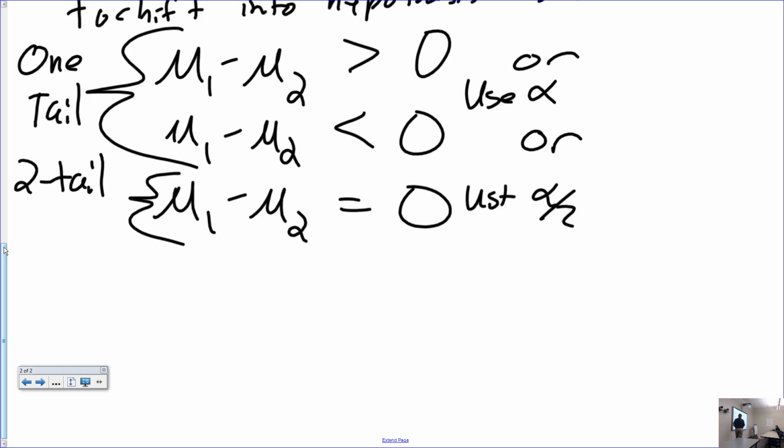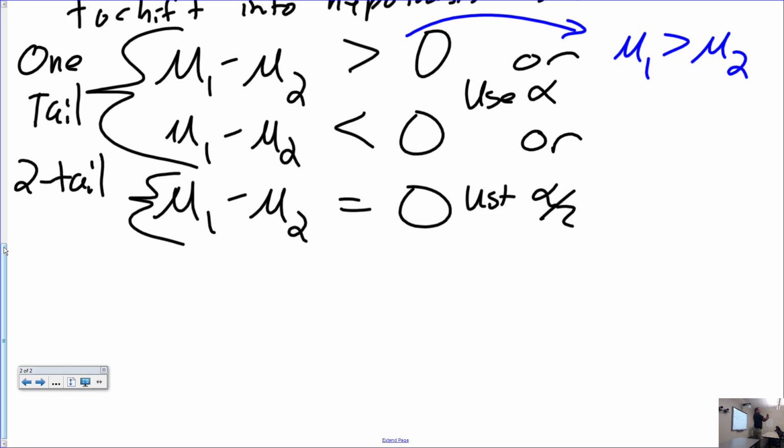And note, this difference, which is why I write it up here because it's very similar to what we did back in chapter 9, but really what this turns into, and so what we're really testing when we're testing mu1 minus mu2 is greater than 0 is testing that the population mean of the first population is really greater than the second population.